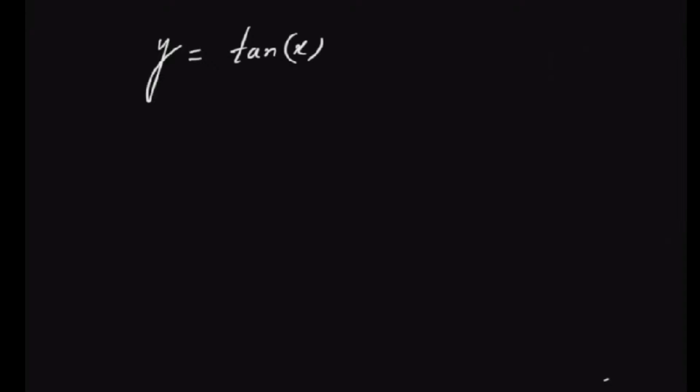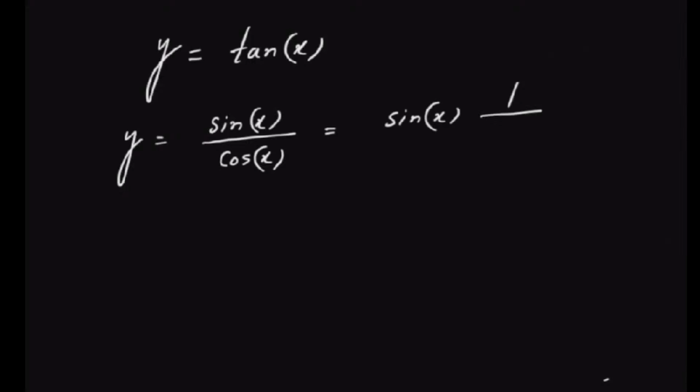So let us see how to take the derivative of this function. I'll write y equals tan x as y equals sine of x by cos of x, which can be written as sine of x times 1 by cos of x. So basically I am writing this tan of x as a product of functions whose derivatives we already know.